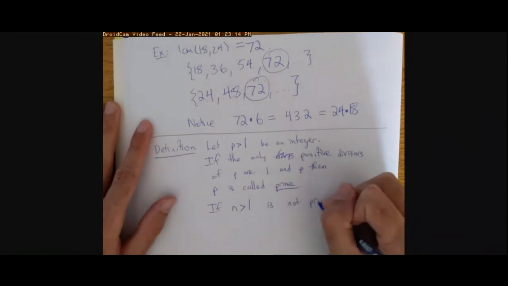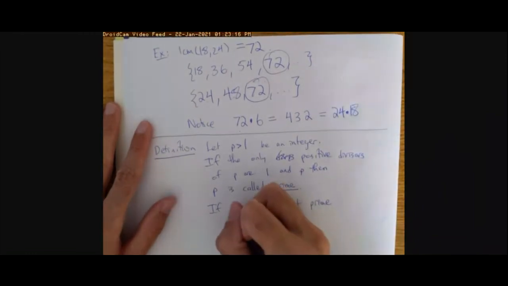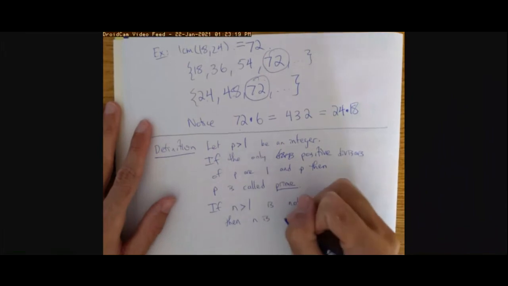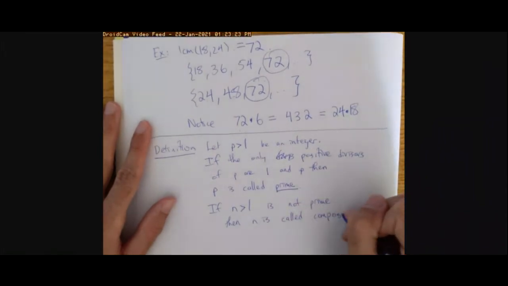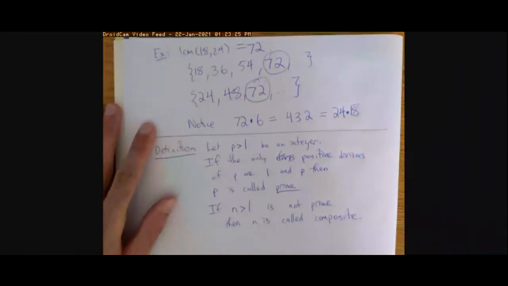If n is greater than 1 and not prime, then n is called composite.